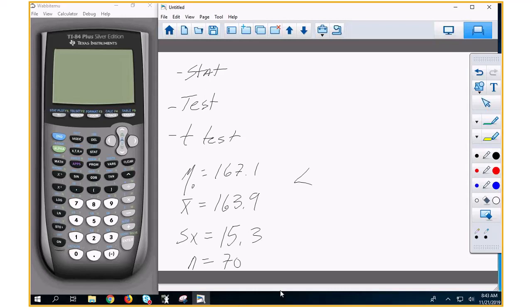You want to go less, because the alternative says less than.